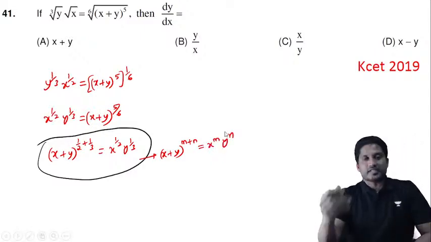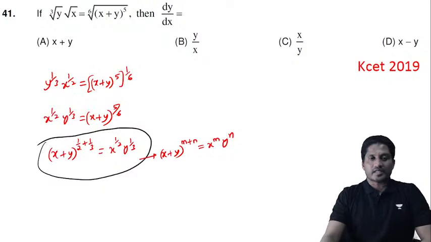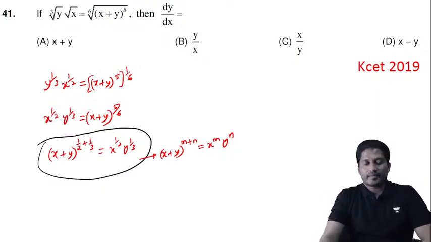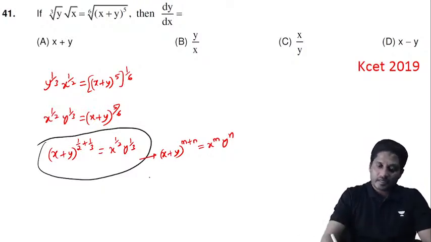It's a standard question of NCERT exemplar, standard result as well. X plus y whole power m plus n is x power m into y power n. Dy by dx is always equal to y by x. We can prove it. Take log on both the sides. We can prove this result.